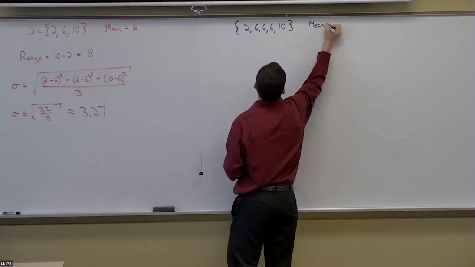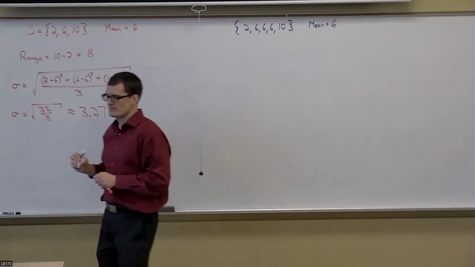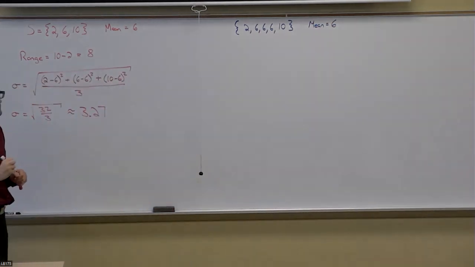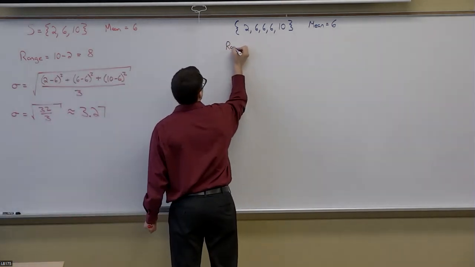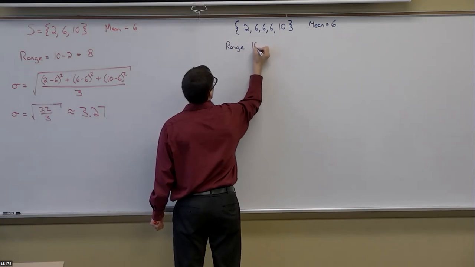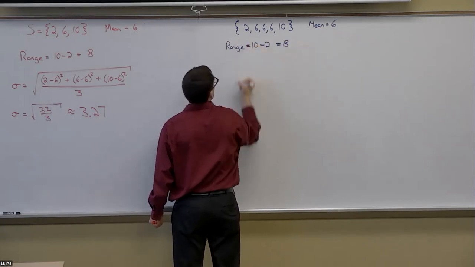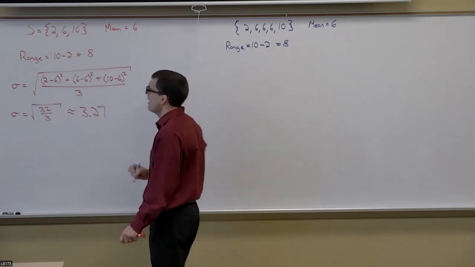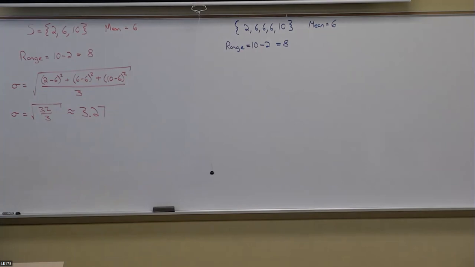Obviously, if we just put in extra 6s, our average is still going to be 6, right? And our range is still 8. I want you to, on your own, calculate the standard deviation.